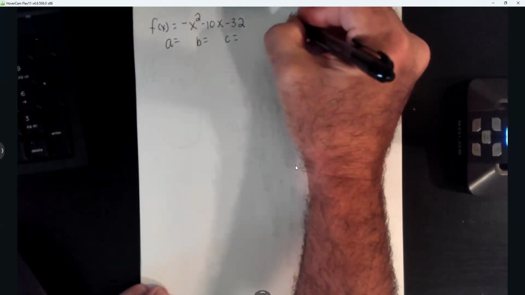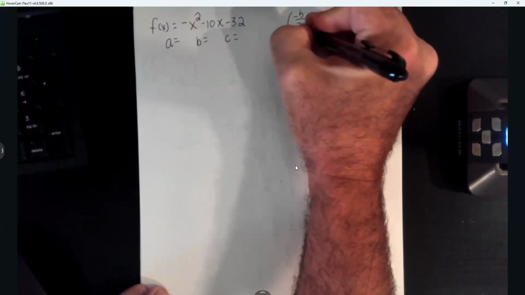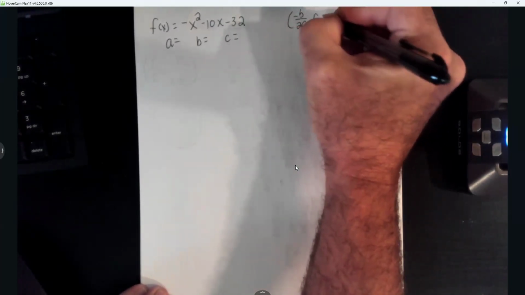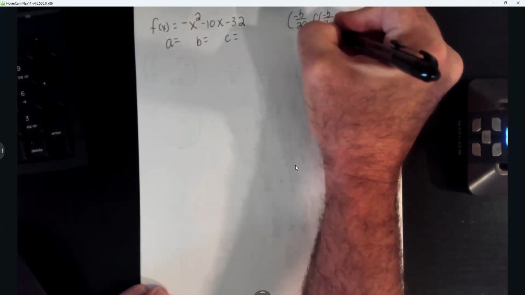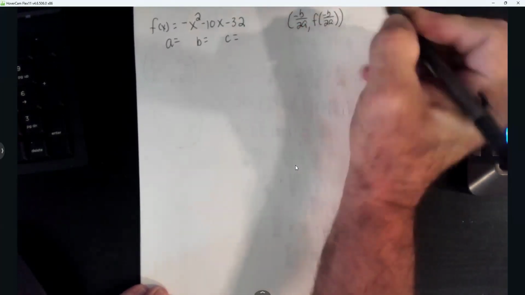All right, y'all, and I'm going to write the formula here, negative b over 2a, f of negative b over 2a. All right, y'all, so give me a. So good job.